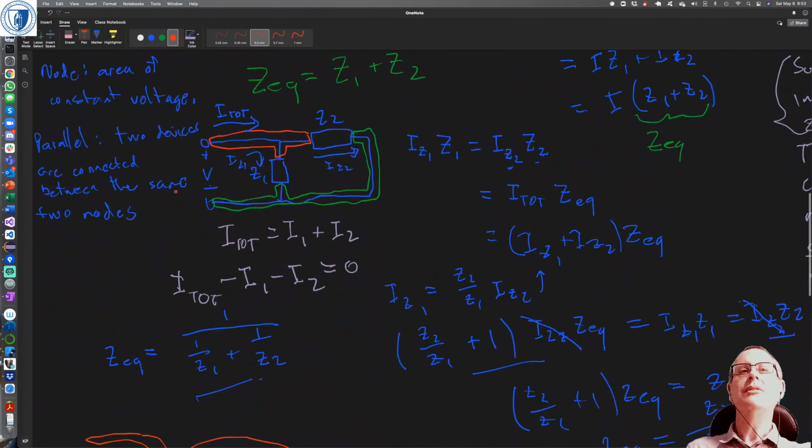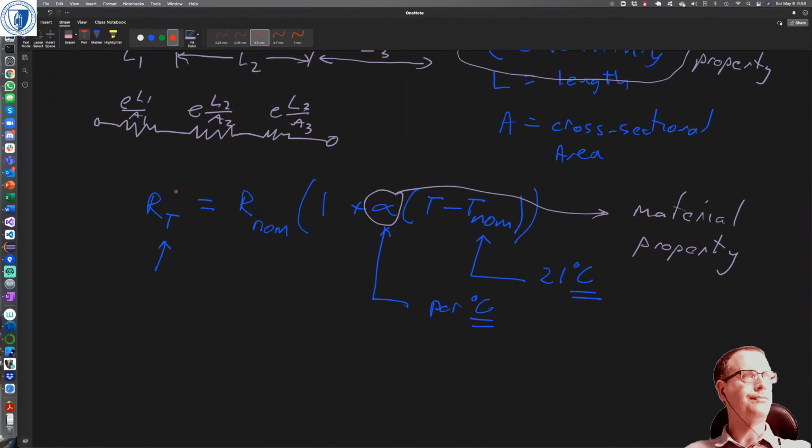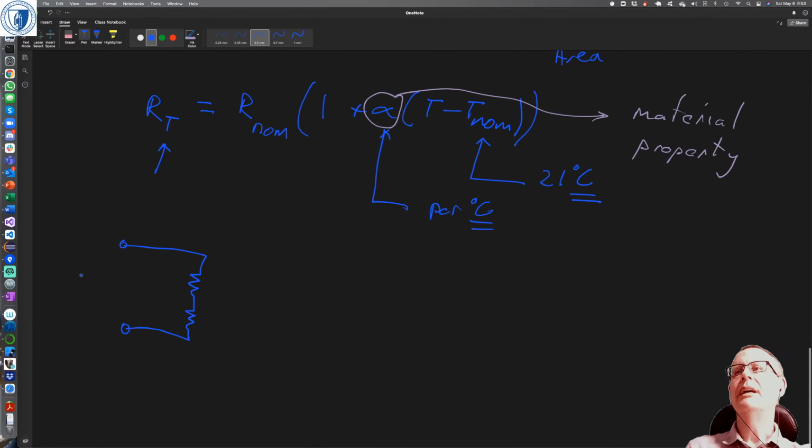Okay, so voltage dividers. Right, remember what a voltage divider is. A voltage divider is something like this. Right, where we have a V in, and I probably should have drawn those as impedances rather than resistances, but let's just go with the flow.